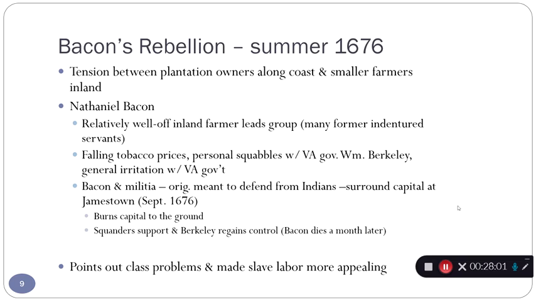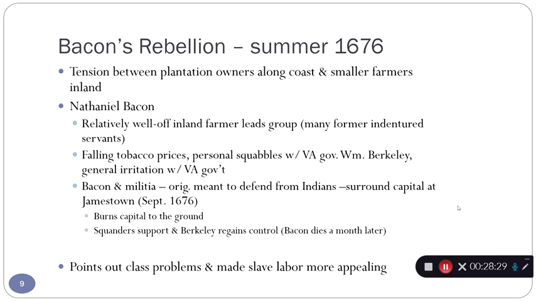Now, partly this is because of economic issues, falling tobacco prices, that former indentured servants, small farmers, aren't able to absorb in the same way that plantation owners can absorb those falling prices. But Bacon also has personal issues with the governor of Virginia, a man named William Berkeley.